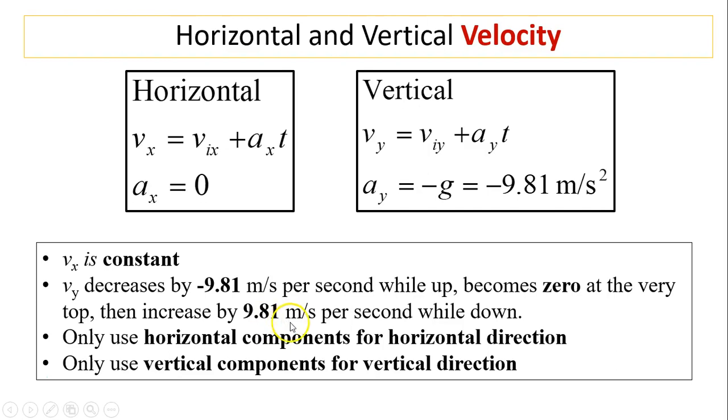Since it's going in a negative direction, its speed will increase by 9.81 meters per second every second. Again, please be very careful when you apply the equations. Only use the components in your equations. Only use the horizontal component for the horizontal direction and the vertical component for the vertical direction.